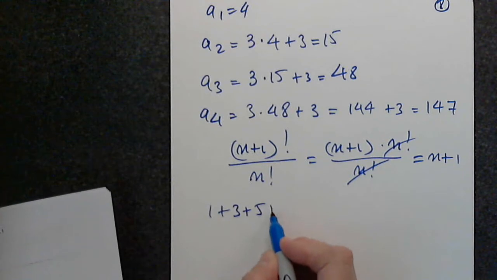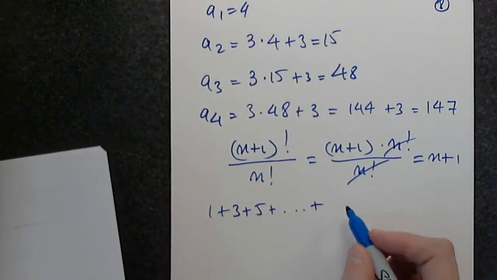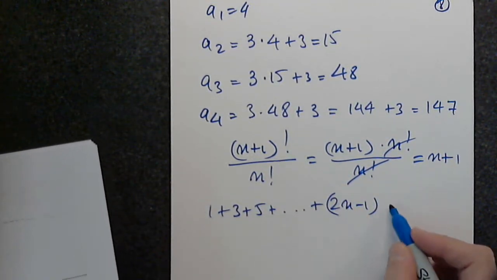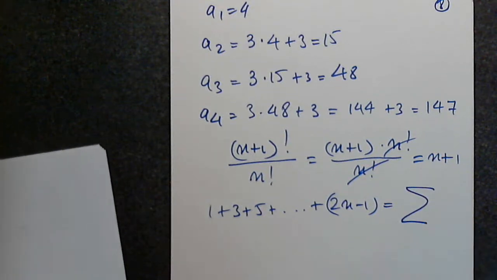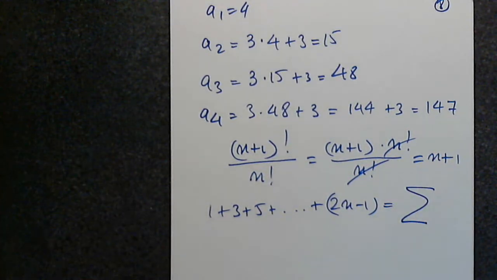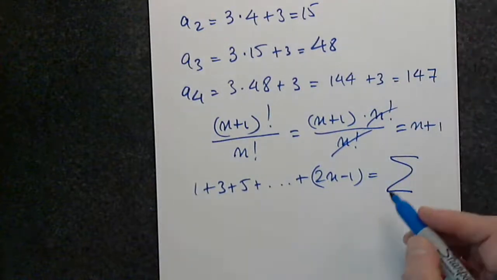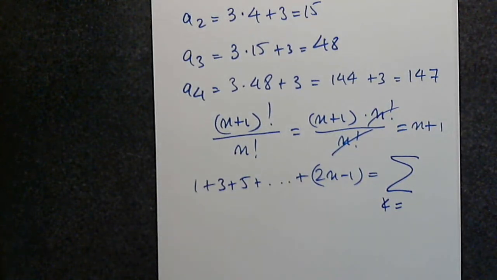1 plus 3 plus 5 plus dot dot dot 2n minus 1 equals, use any index you want. It can be k, i, j. Let's use k this time. Express the sum using summation notation.